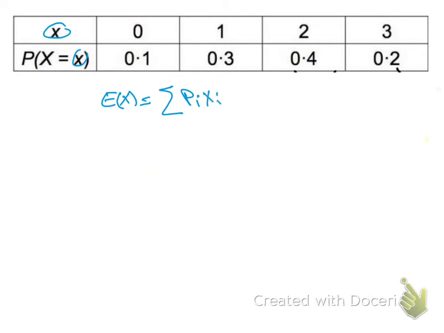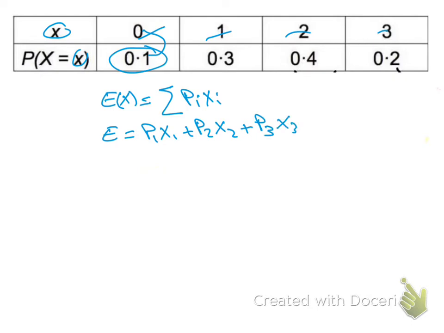If I want to get E of all these four numbers, 1, 2, 3, 4, then E will equal p1 x1 plus p2 x2 plus p3 x3 plus p4 x4. Let us just practice on this example, so it will be easier and clearer to understand. Here I'll just multiply each p by the corresponding x.